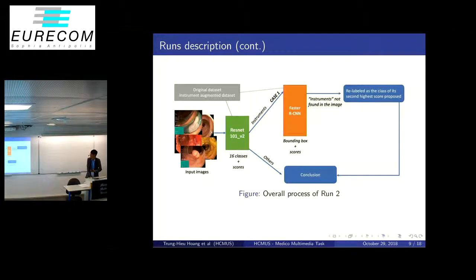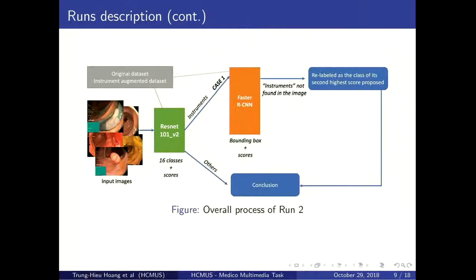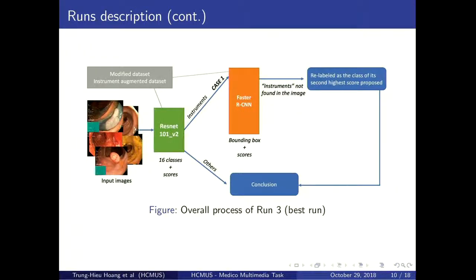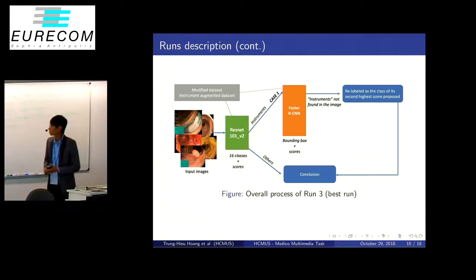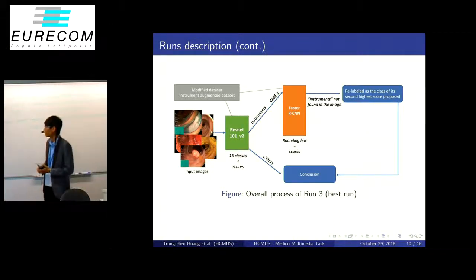We just ignore the second case, and it actually boosts the system a lot. We accelerate a lot in the result. And for the third run, this is our best run. We perform training our models on the modified dataset, and everything else is the same as the second run.